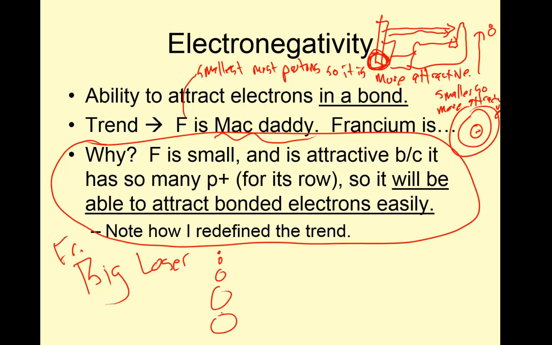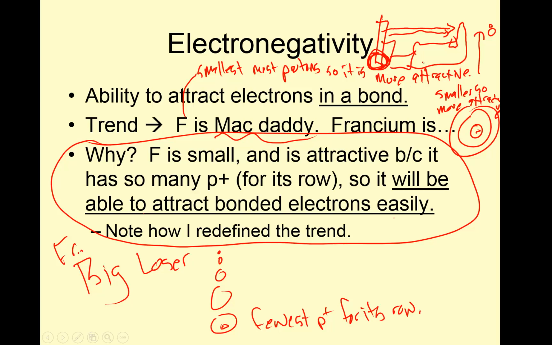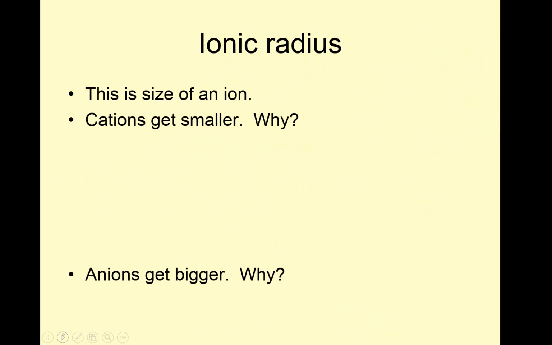Francium is so big and its nucleus is the smallest, the fewest protons in its row, that it is a big, unattractive loser. So if electronegativity is the ability to attract electrons, francium is bad at it. Fluorine is good at it because it is small and attractive with so many protons. Francium is big with the fewest protons per its row, which makes it unattractive.